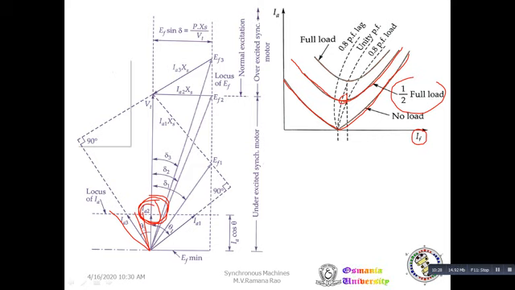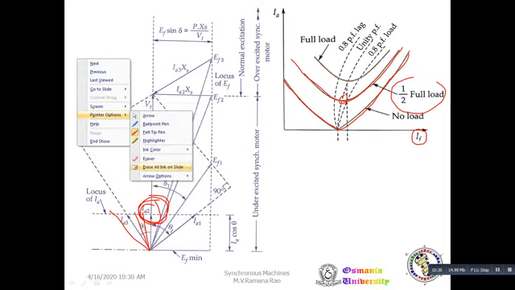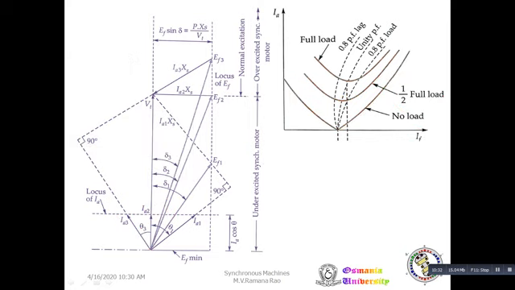Now, this side is lagging PF, and this side is leading PF. At the center is unity power factor.